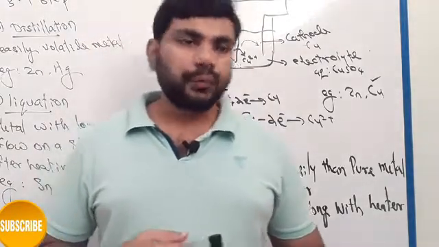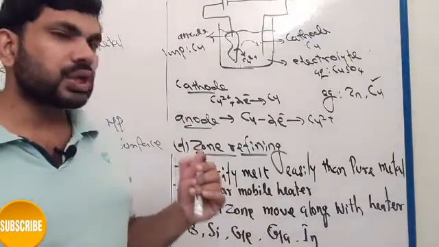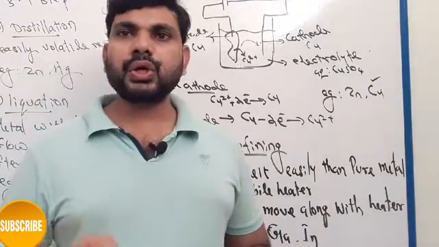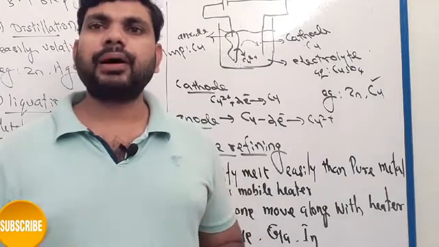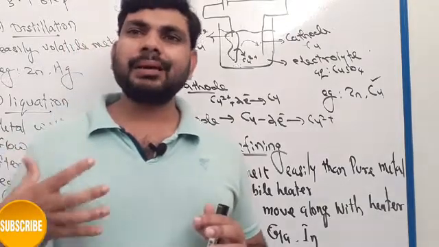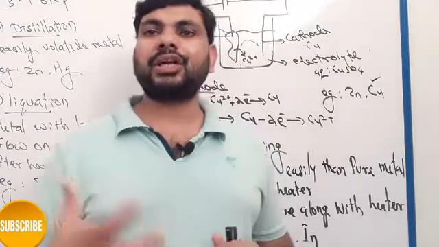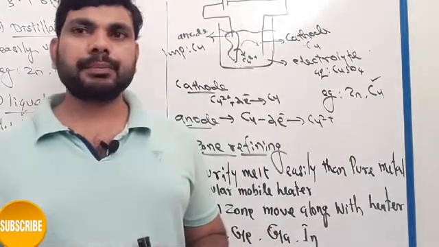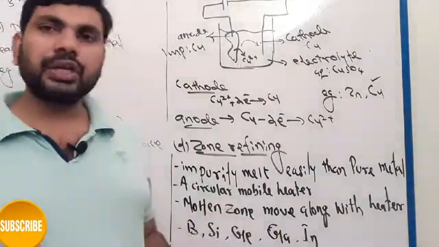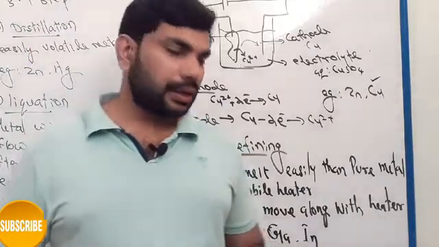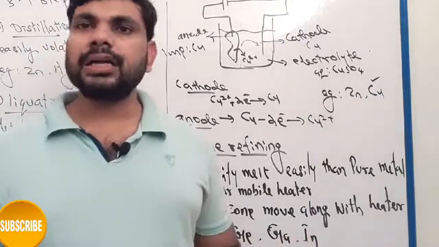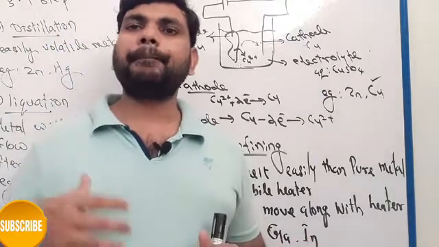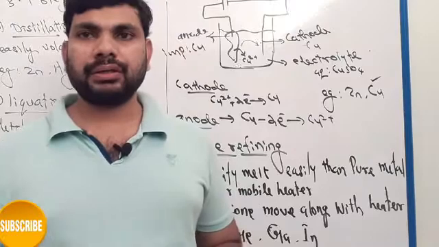The fourth method is zone refining. This method is used to purify semiconductors, or you can say metalloids, such as boron, silicon, germanium, gallium, indium, and this method helps to make semiconductors.